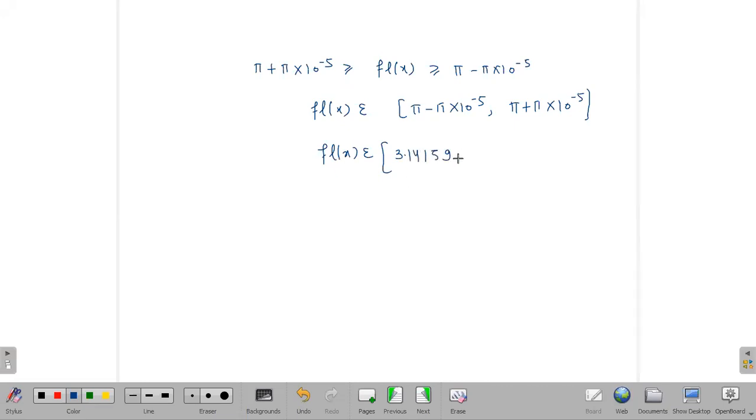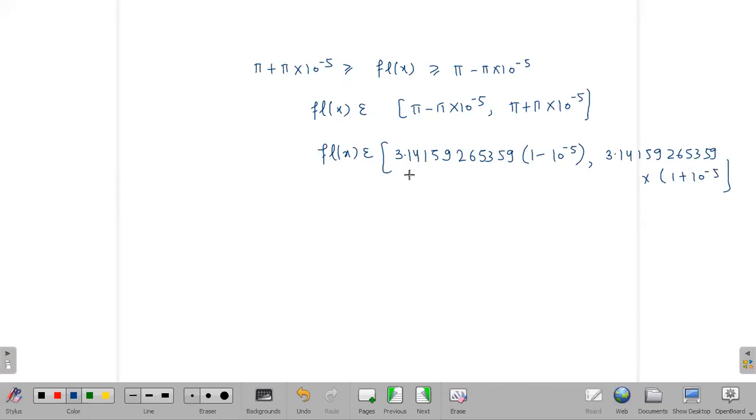3.14159265359 into 1 minus 10 raised to -5, and same is 3.141592653 into 1 plus 10 raised to -5.